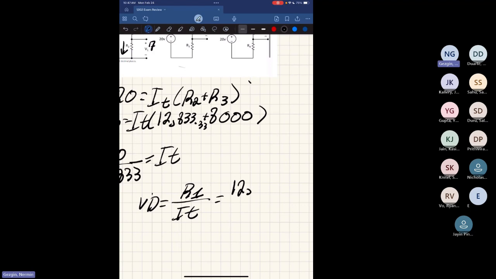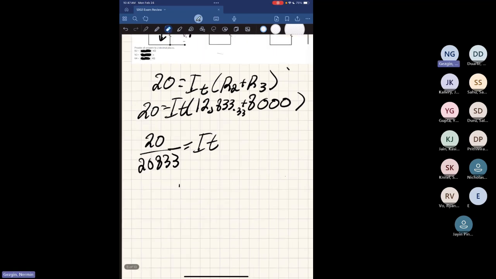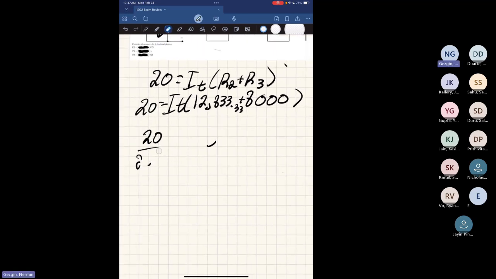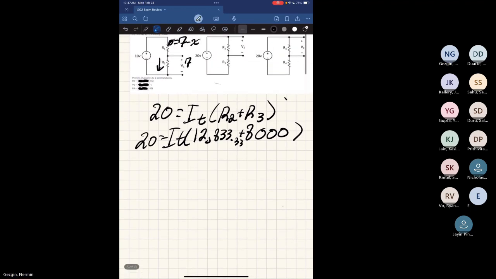I think you used the wrong formula. You found the right resistor value, R1, and then it's just voltage division across R2. So you don't need to solve for current. That makes more sense.